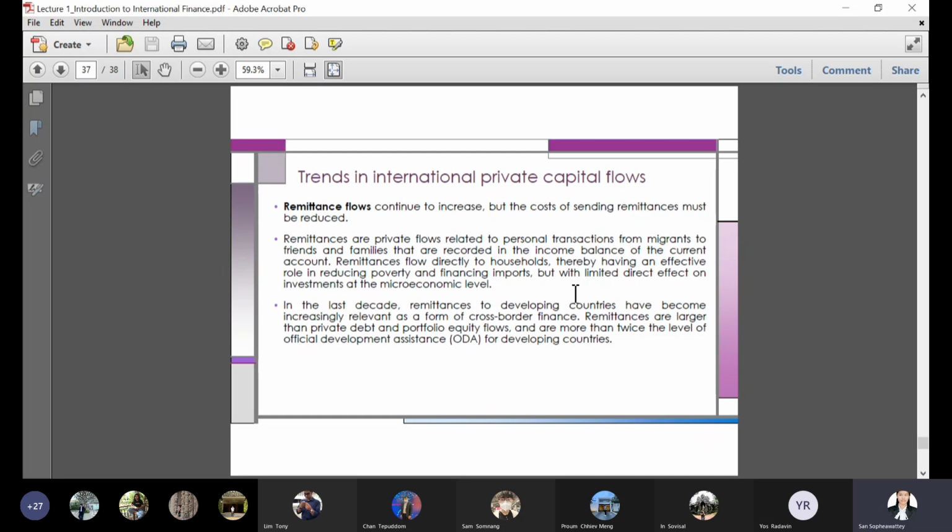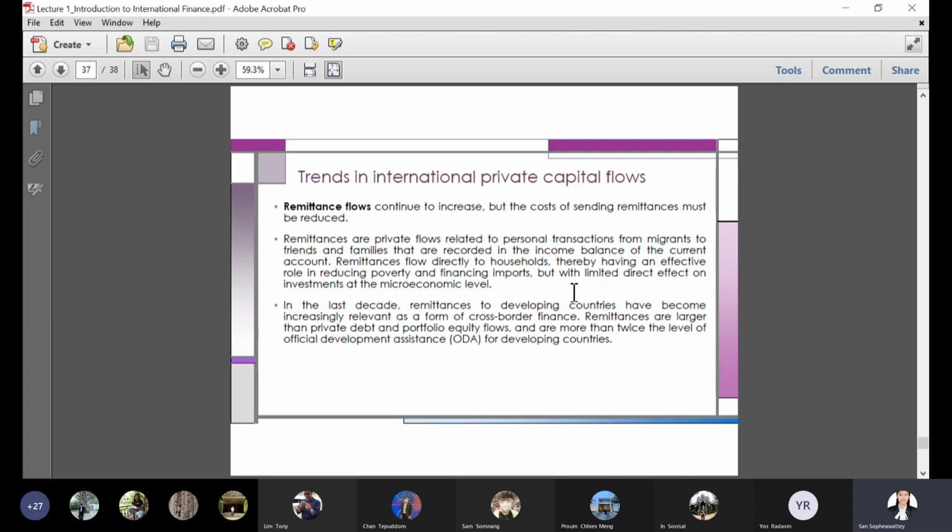In the last decade, remittance to developing countries has become increasingly relevant as a form of cross-border financing, and remittances are larger than private debt and portfolio flow in some countries, and are more than twice the level of the ODA for developing countries.